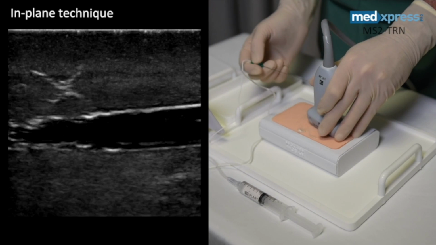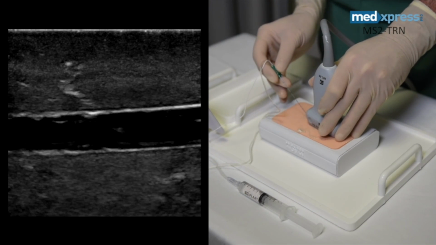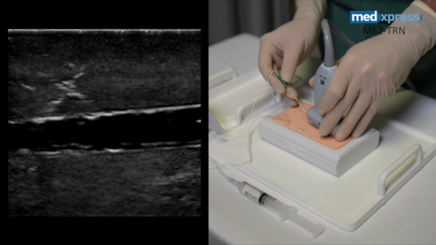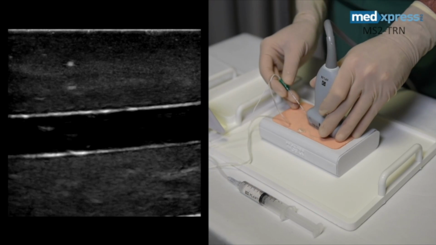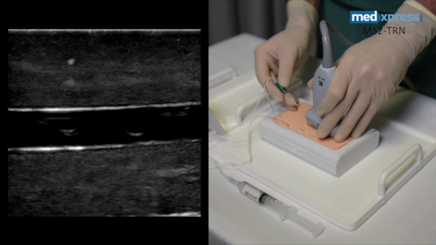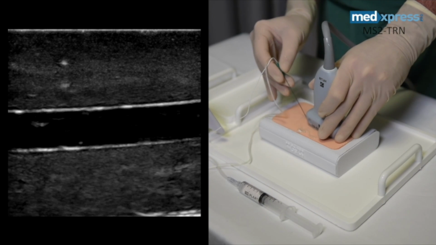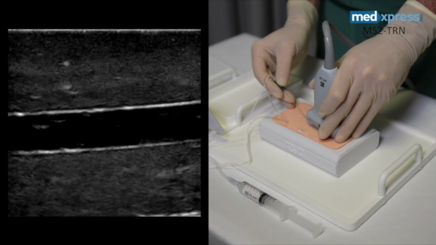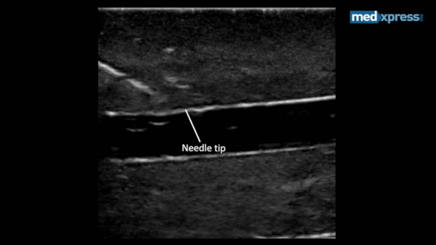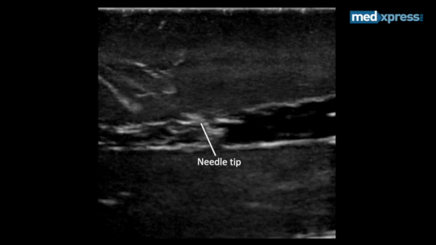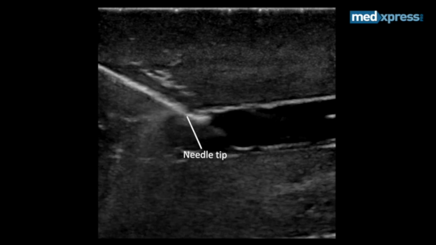Now the needle can be inserted in plane, starting approximately at the level of the transducer. And then we can guide the needle towards the vessel wall. And here we see how the needle enters the vessel wall.